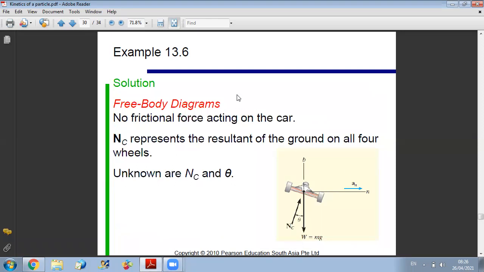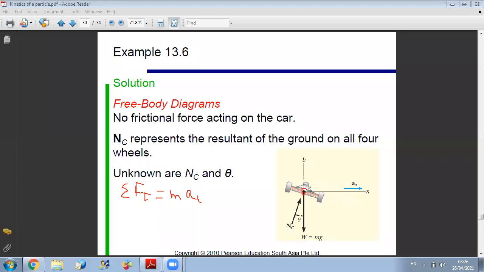Now let us apply together the three equations. So first you have sum of F_t equals m a_t. Do you have any force along UT here? If you look at your figure, UT is perpendicular to the screen, and forces N and W are in plane UN, UB.